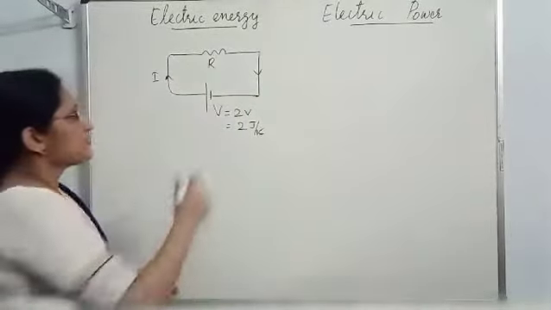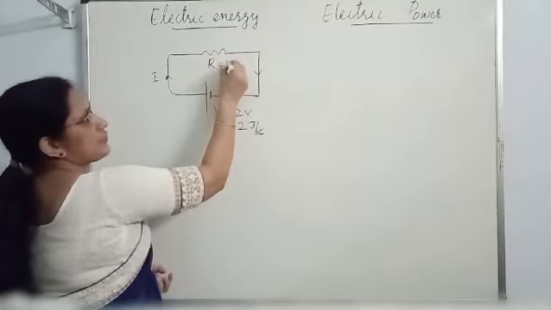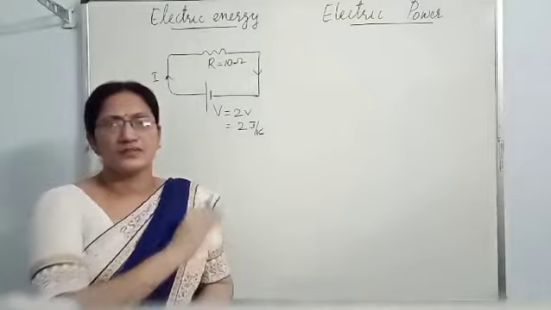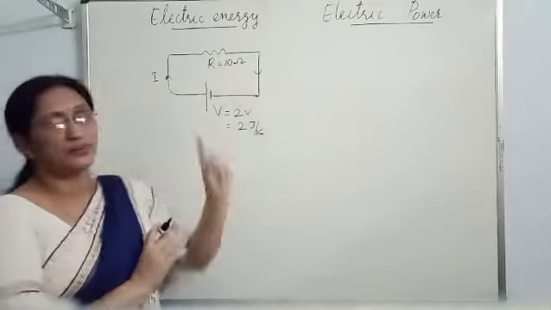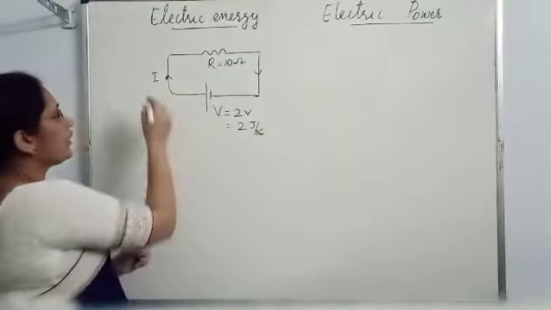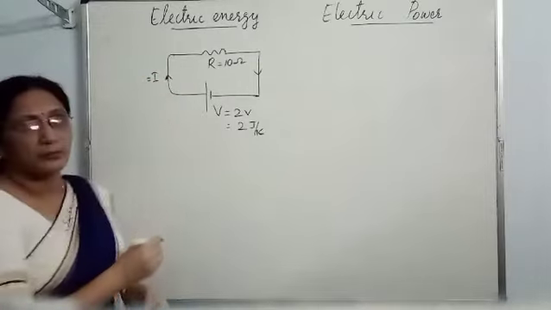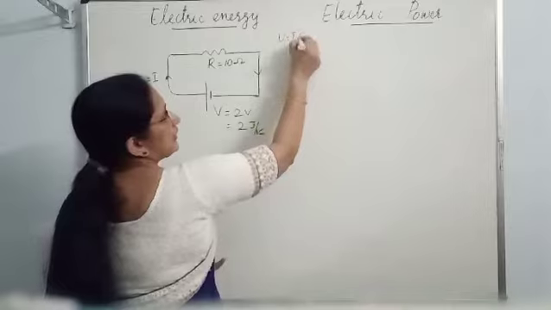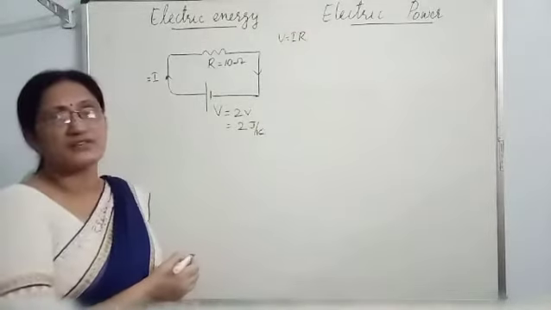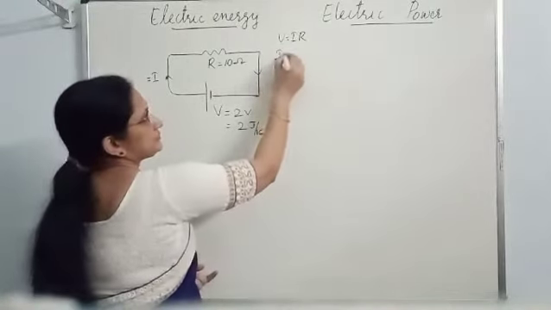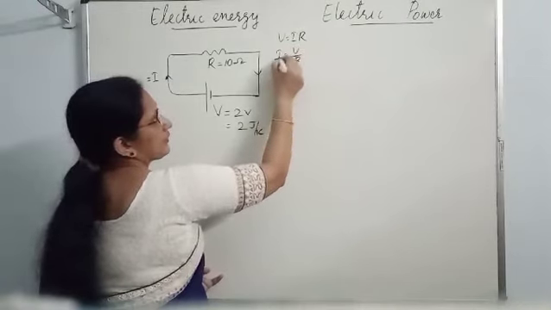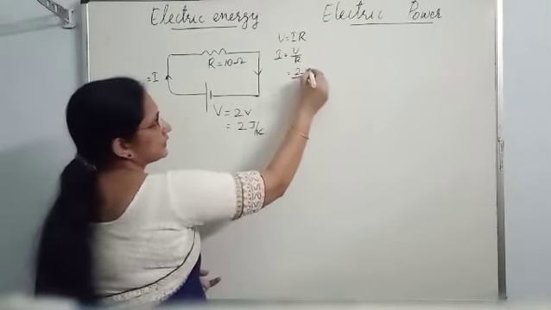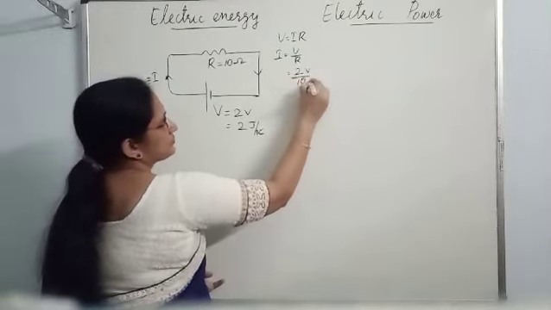Then suppose the resistance connected here is of 10 ohm value. In this circuit, resistance here is 10 ohm. Then you can find out how much current is flowing by using Ohm's law equation. V is equal to I into R, so I is equal to V by R. V is 2 volt, R is 10 ohm.